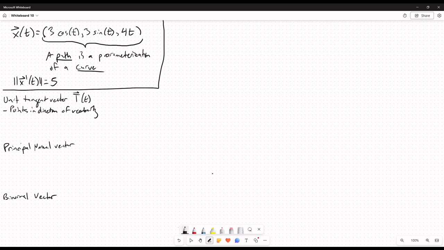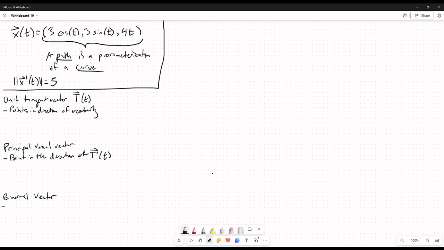The principal normal vector is going to point in the direction of T prime. So it's going to point in the direction of the derivative of the unit tangent vector. And that magically will end up being perpendicular to the unit tangent vector.